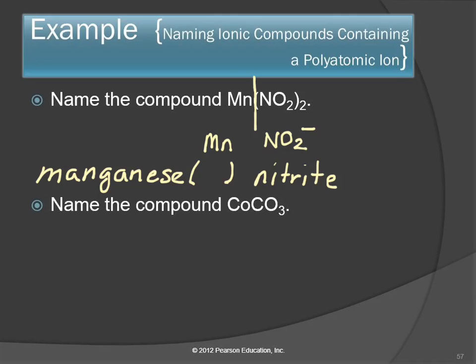Well, let's see if we can do this without drawing pictures. How many nitrite ions are there? 2. So the total negative charge is 2-. That means the positive charge has to be 2+. How many positive ions are there in this formula? Just the manganese, right? Just the 1 manganese.